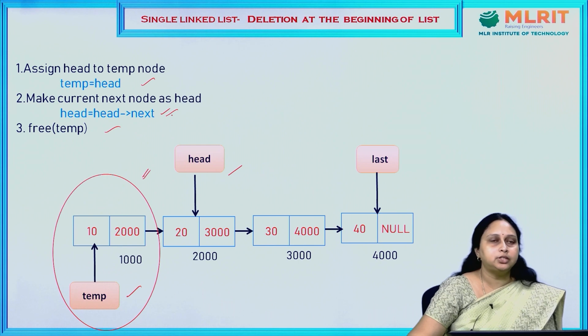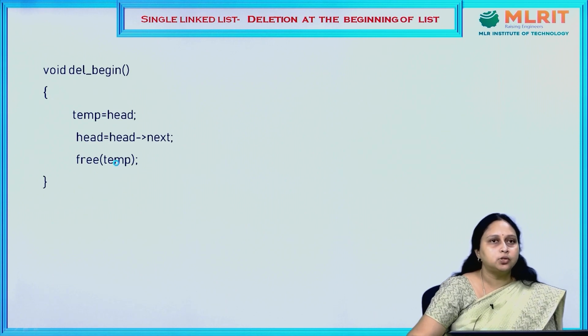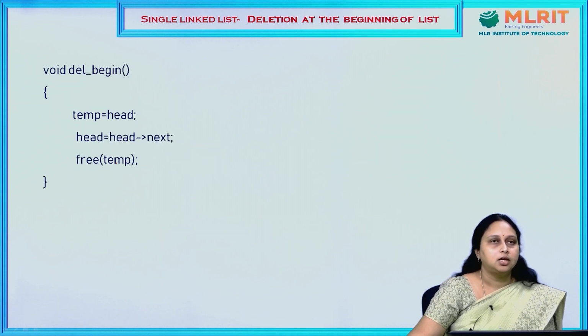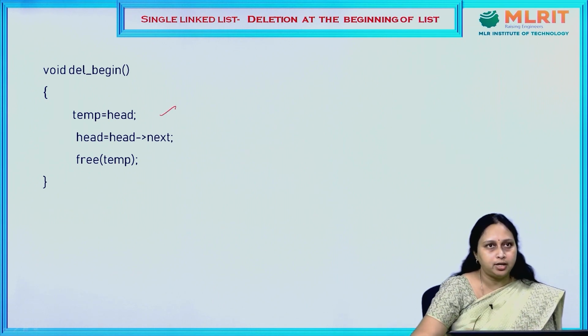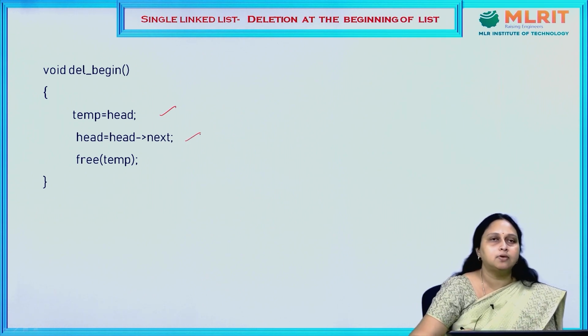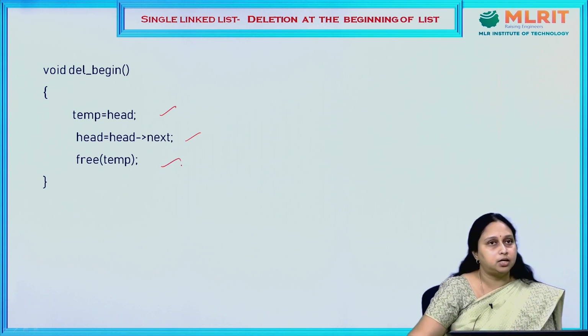Now we remove the temporary pointer so that we can delete the element from the beginning of the single linked list. Now how are we going to implement this? These are the steps. First we initialize temp equal to head, then head moves to the next location, head equal to head arrow next, then we free our temporary pointer.